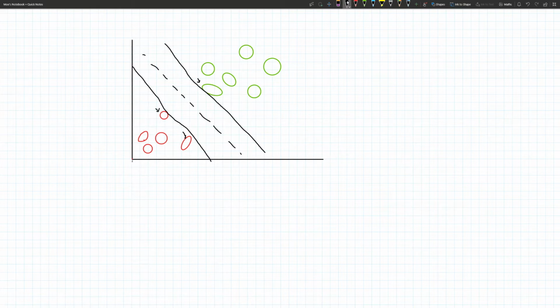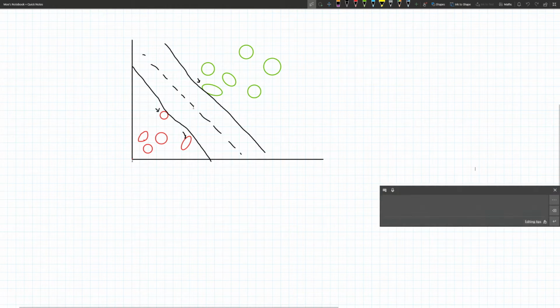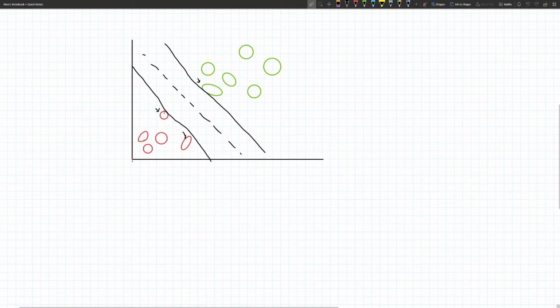By now we know that the dotted street is the decision boundary, and these points are the most important ones. We need to maximize the distance between these closest points to the boundary and the boundary itself, right?